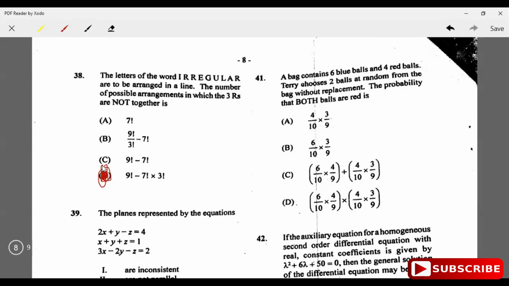The possible arrangement for when R is together is 7 factorial times 3. The arrangement of when they're not together is the total arrangement minus the arrangement when they're together. Yes, that's what I wanted to hear. Very good.